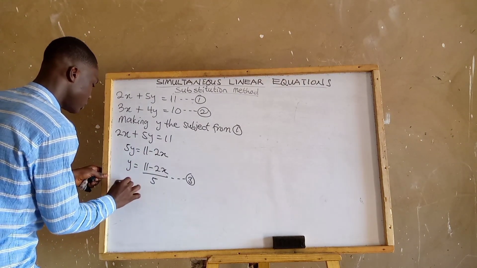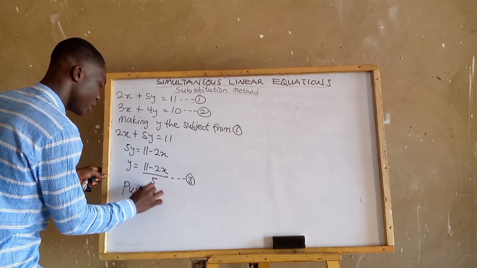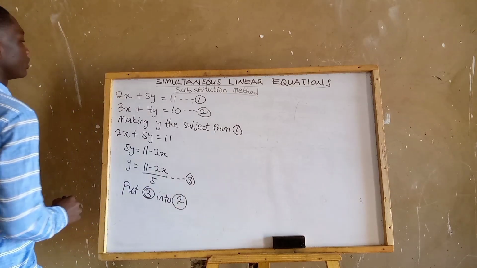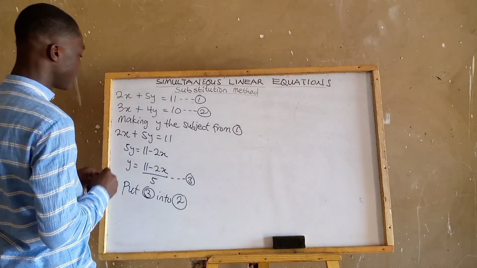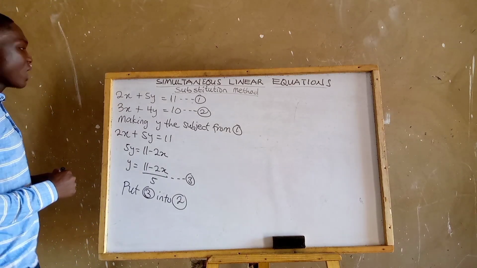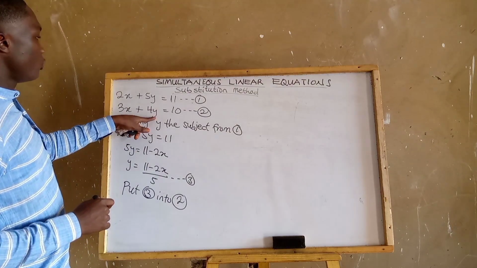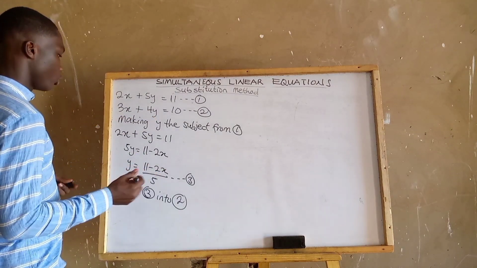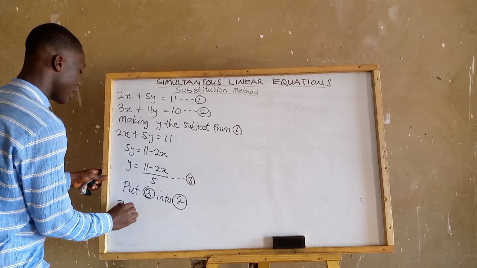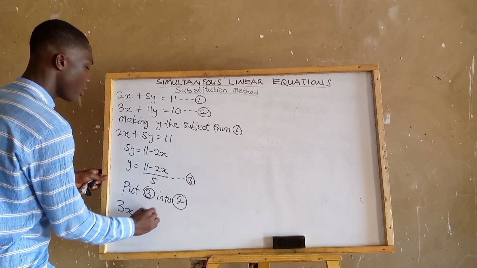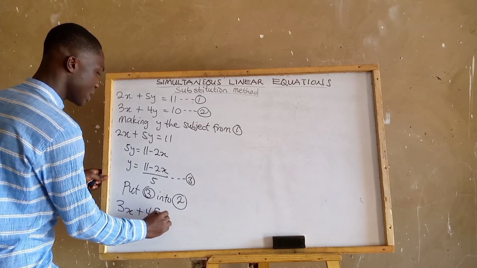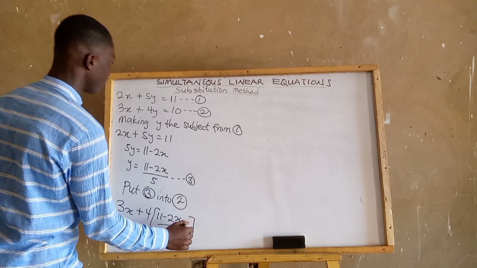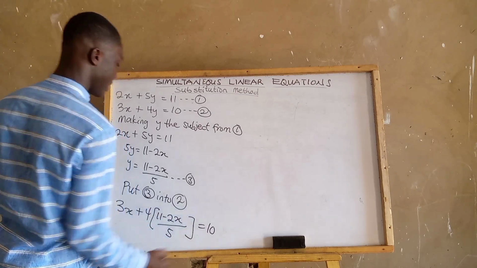So put equation 3 into equation 2. So this means that from equation 2, wherever you find y, you write 11 minus 2x over 5. So you have 3x plus 4, y will be 11 minus 2x over 5 is equal to 10.